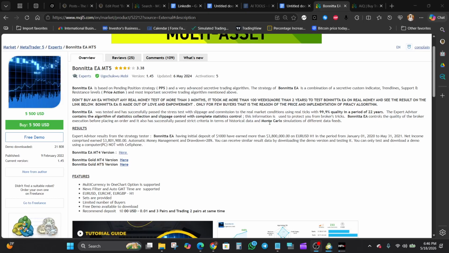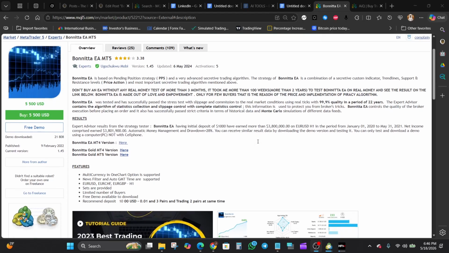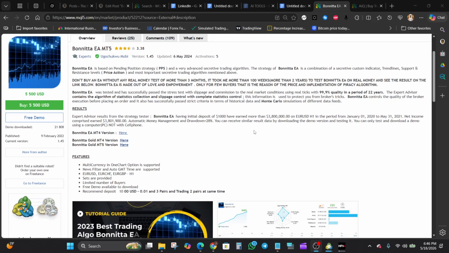Now, when I move into the backtesting section, the developer highlights very extensive historical simulation results, including long-term data testing with real tick modeling and high quality historical data conditions.